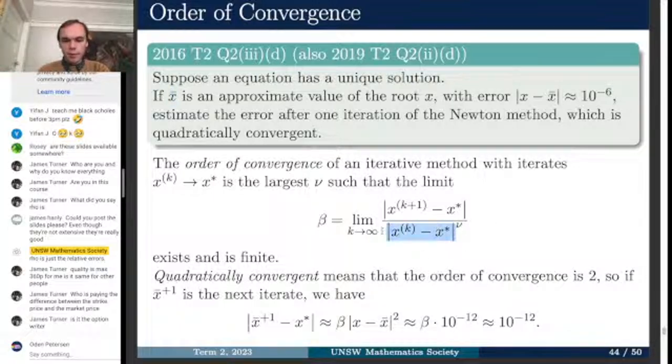If we move this denominator term over to the left-hand side, then the error of the next iterate, x bar plus 1, is equal to beta times the square of the previous error. So if the previous error was 10 to the minus 6, then this is beta times 10 to the minus 12. If we just want a rough estimate, we can assume beta is just 1, and so this will be about 10 to the minus 12 for the next error.